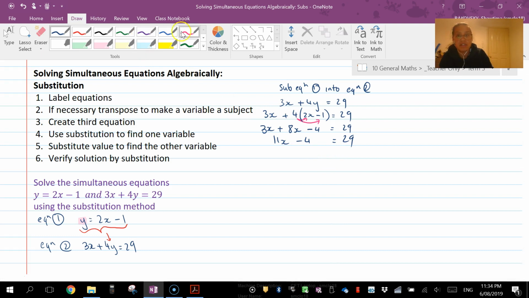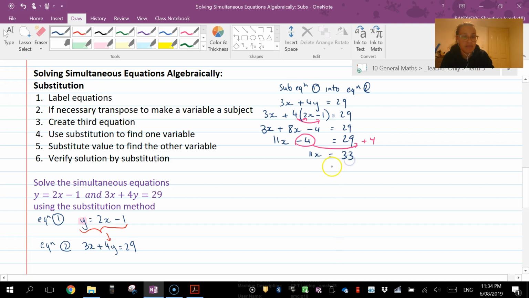And then we use some good old Start Bridge. So the 11x is a multiplication, moving it away from the x. So we take this, move over here, plus 4. What we're left with is 11x equals 29 plus 4, which is 33.